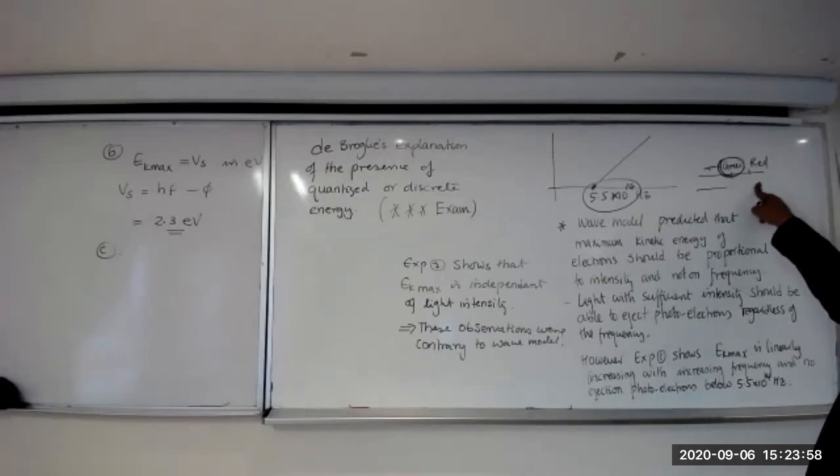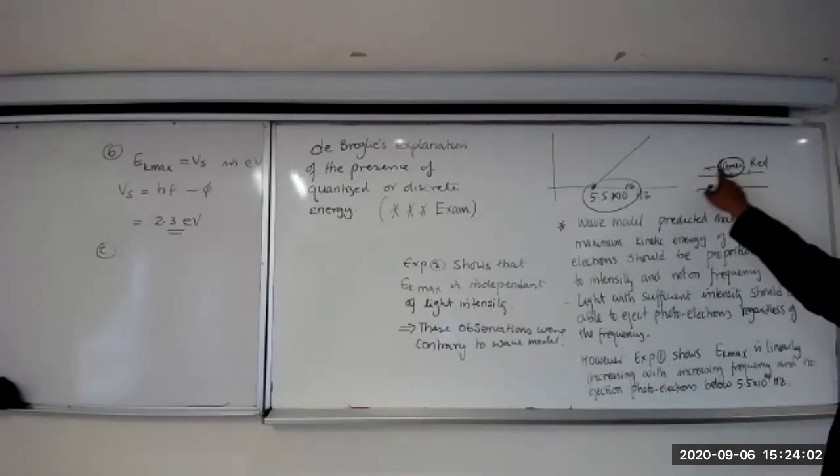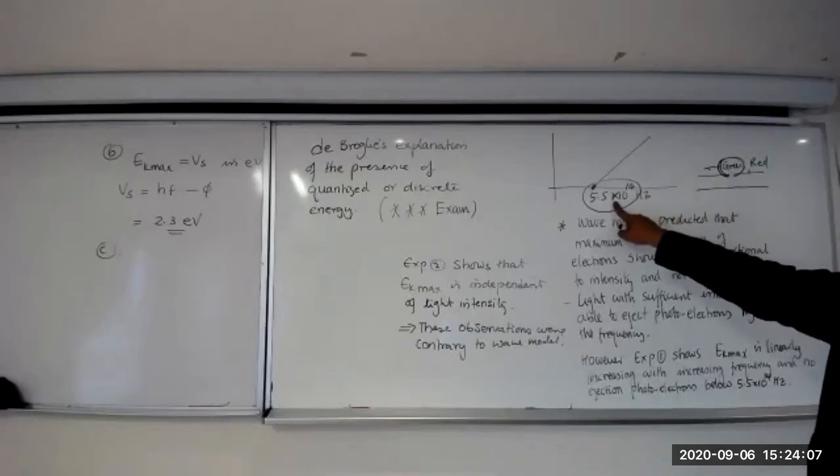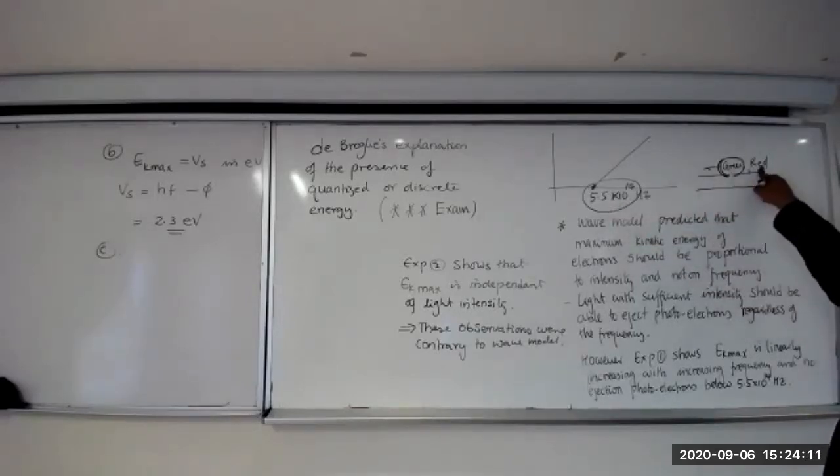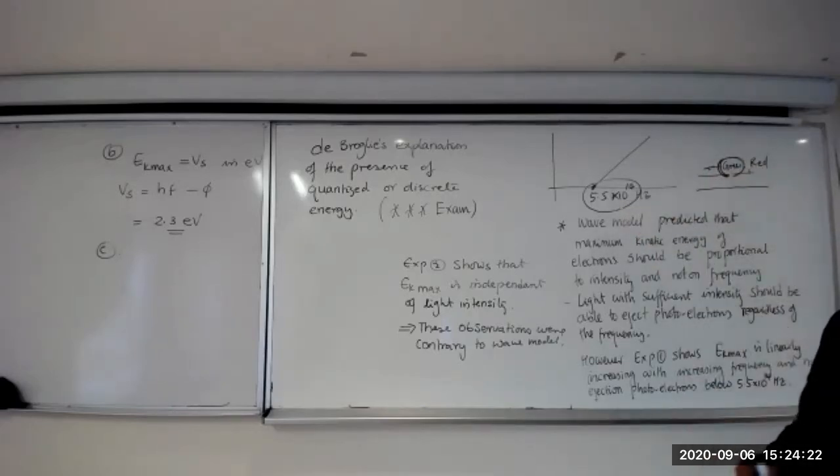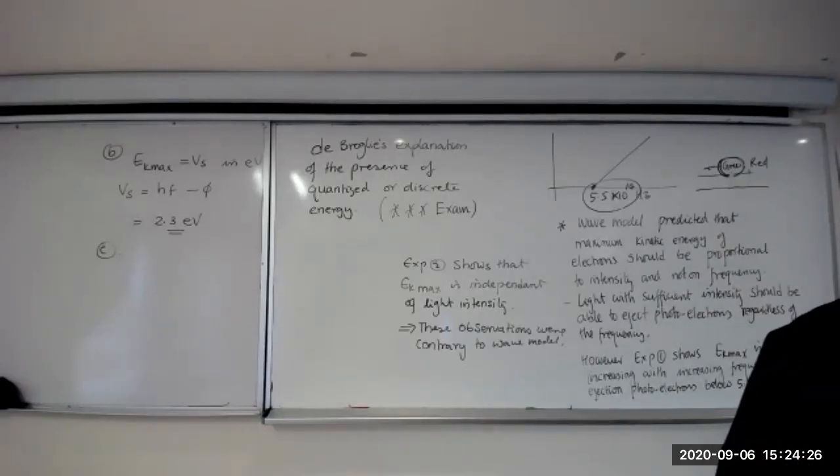The longer the wavelength, the lesser the energy. So first, find the frequency of the green, then state that it is at the threshold frequency, then mention the wavelength of red is longer, therefore no ejection of photoelectrons. Or you can say the frequency of red is smaller than the threshold frequency. That makes sense, Vidura? Yeah, okay.